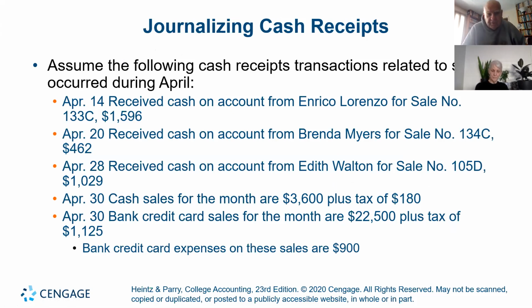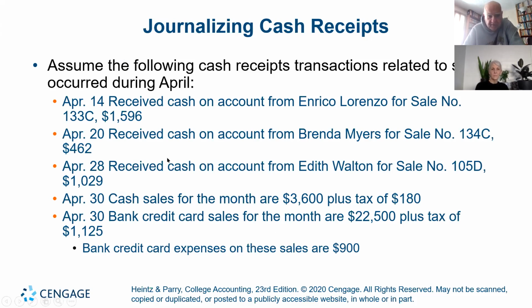Journalizing cash receipts. Well, here we remember Lorenzo and you remember Brenda and all these people. They've come back. And some of them have paid their whole bill and some of them have paid partials. Well, it looks like Enrico paid the whole thing. I happen to remember those numbers, $1,596, and Brenda, $462. And the bank credit card expenses on these sales were $900.